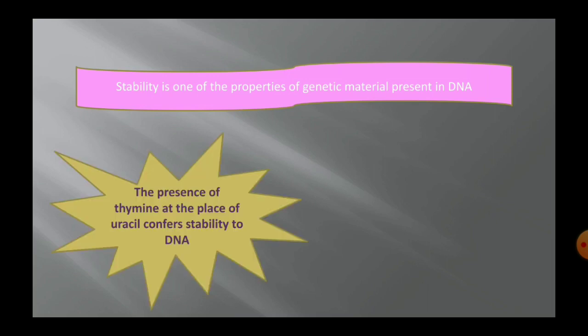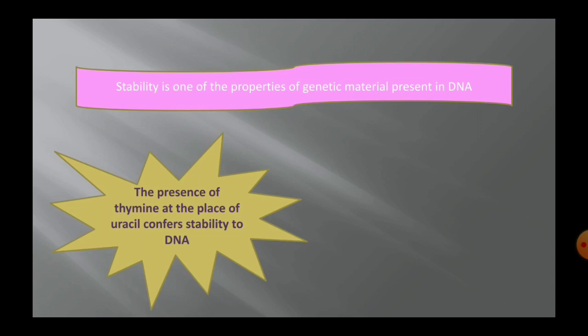When you talk about DNA versus RNA, when you compare DNA and RNA, the most stable genetic material is DNA as compared to the RNA. Why? Because the first one, the presence of thymine in place of uracil confers stability to DNA.